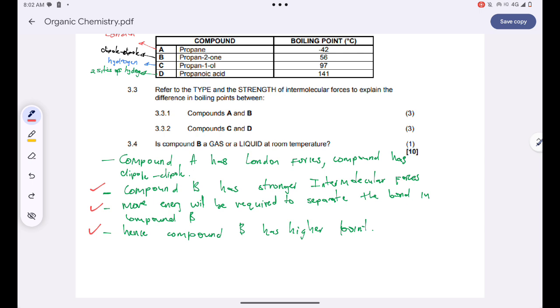Are you together? You need to choose which compound you are taking as a reference. I chose B as my reference. You can choose A as well.